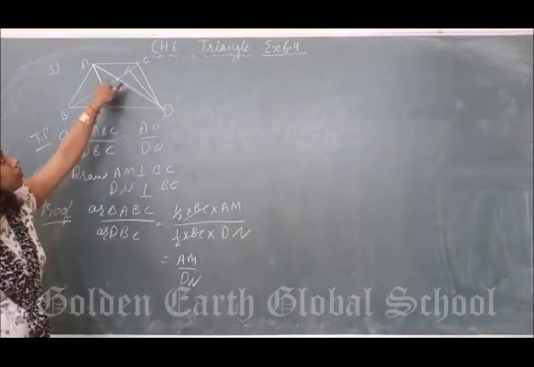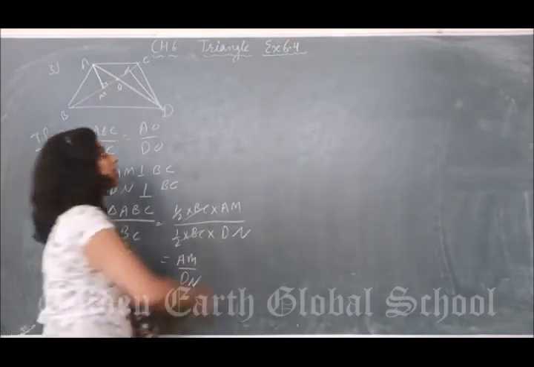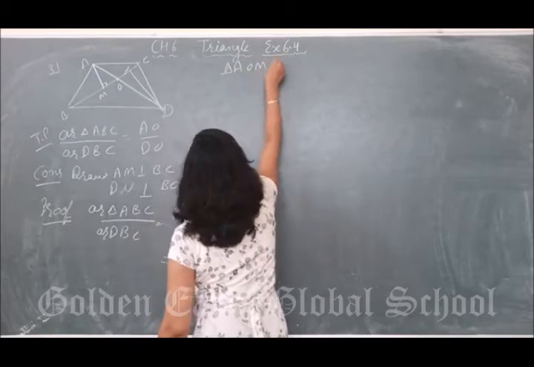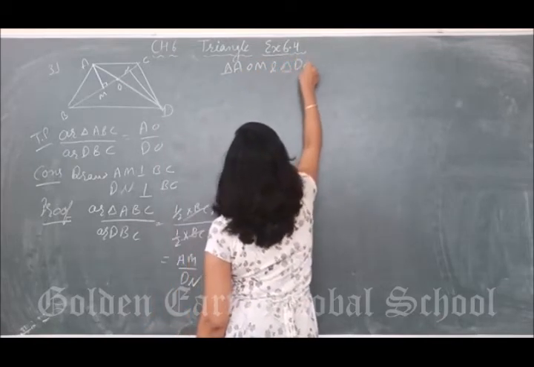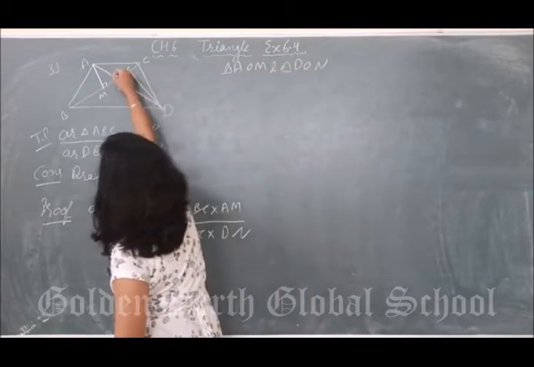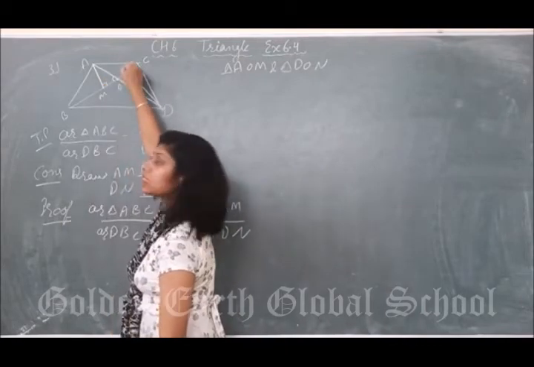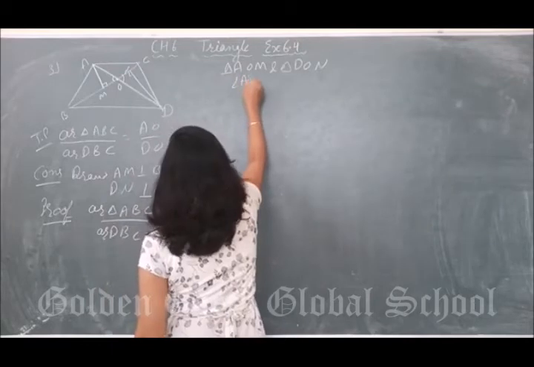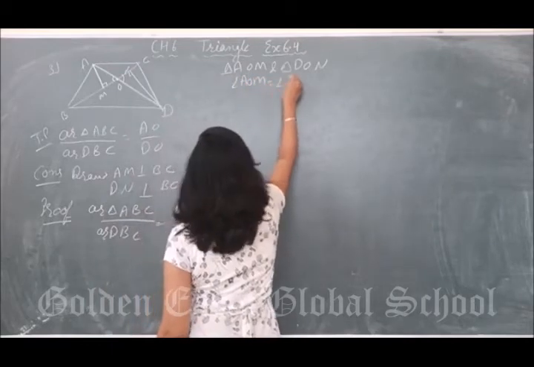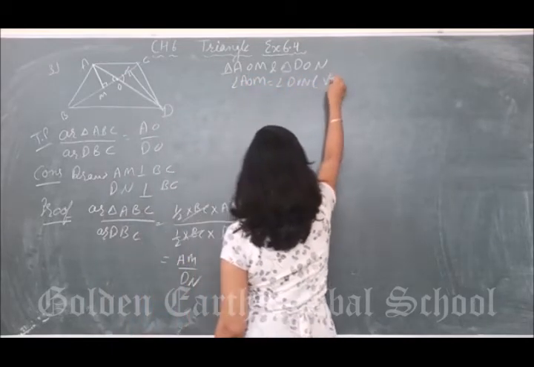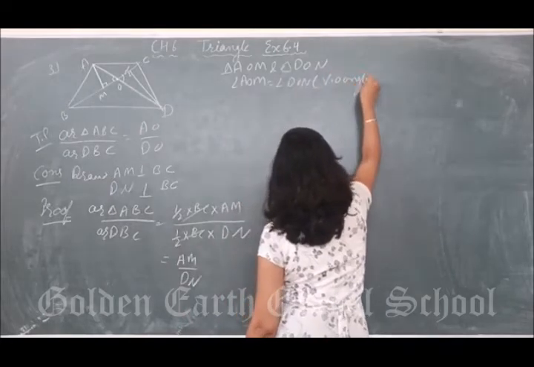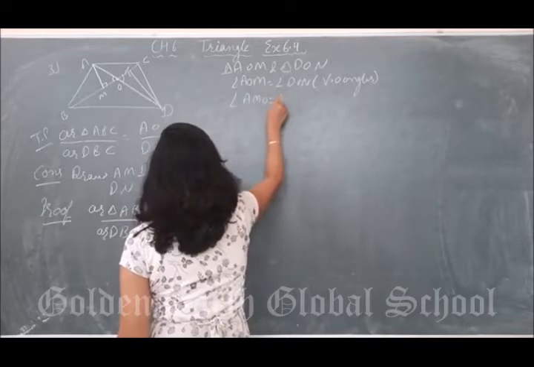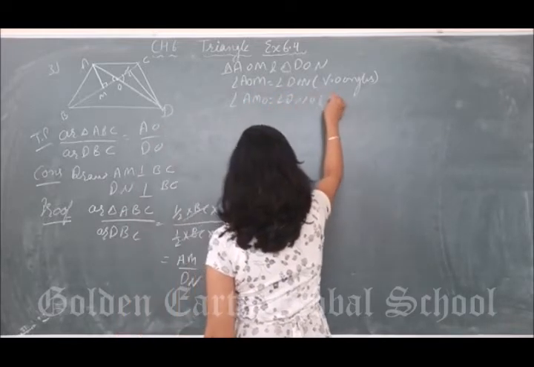So we will prove these two smaller triangles similar. In triangles AOM and DON, these are vertically opposite angles, so angle AOM equals angle DON. Angles AMO and DNO are each 90.